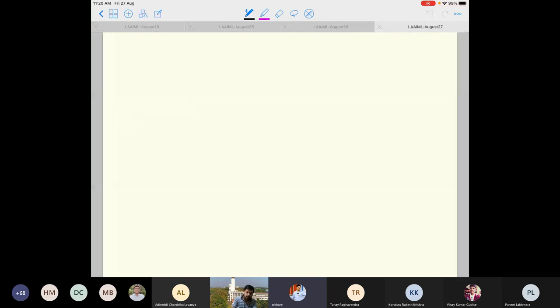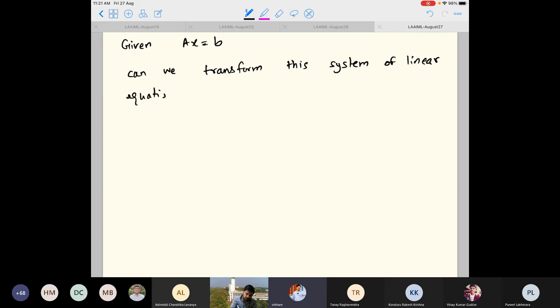So we are going to ask: given Ax = b, can we transform this system of linear equations into canonical form?